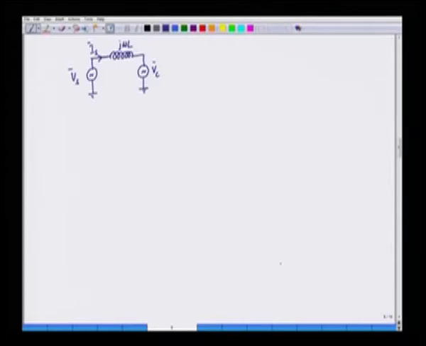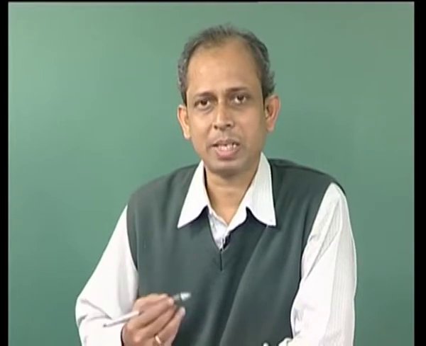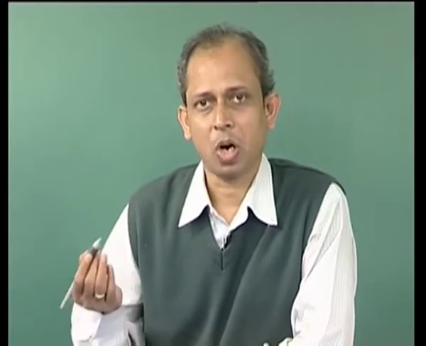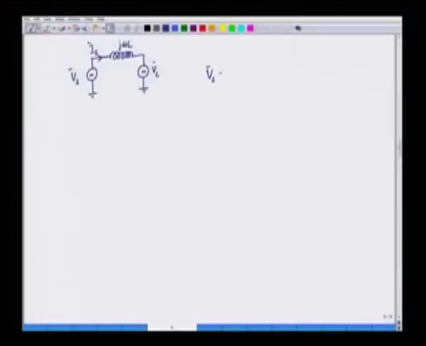We replace it by the phasor quantities, the source voltage, the reactance drop and the converter voltage. Now, if we write down the vector equation, it is Vs is equal to j omega L into Is plus Vc.